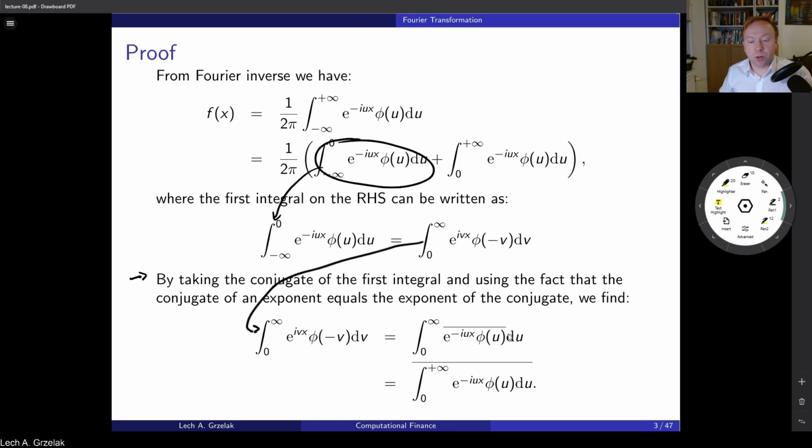We know the characteristic function is defined as the expectation of e to the i u x, which is just an integral, so a summation. So we only change the i in front when we do the conjugation, and because the integral is a summation, the conjugation goes outside of the integral. This is the first step.